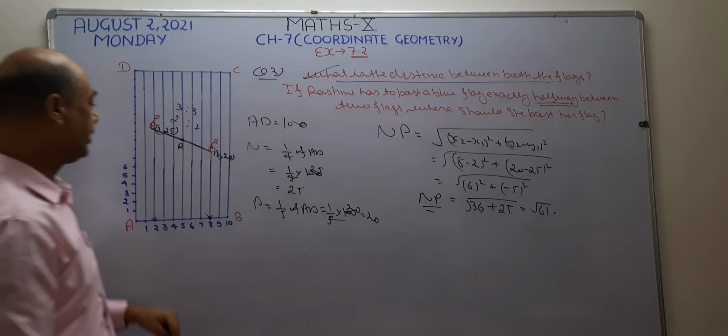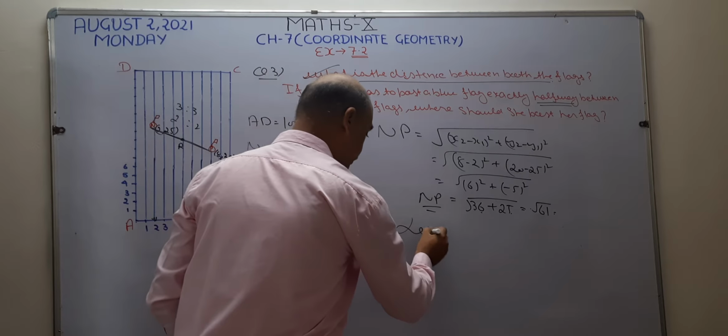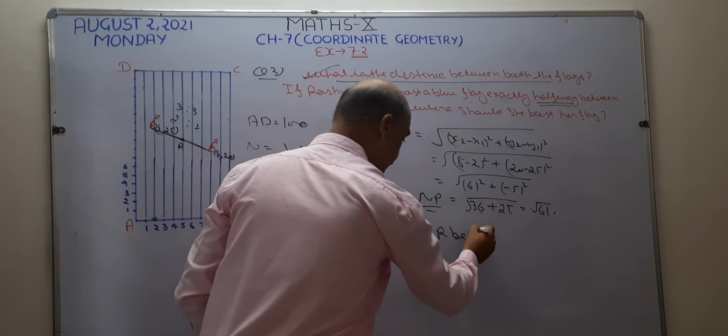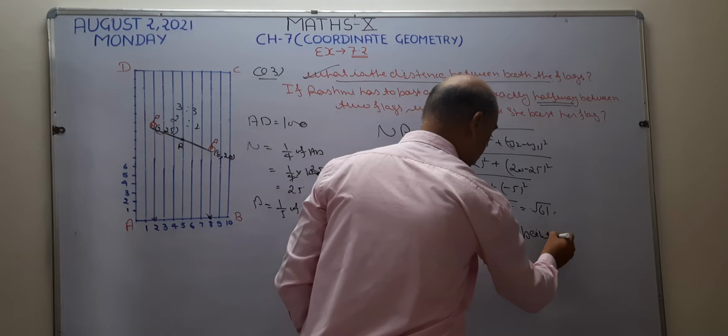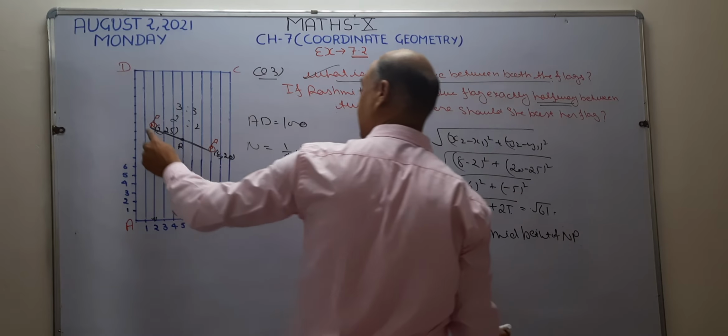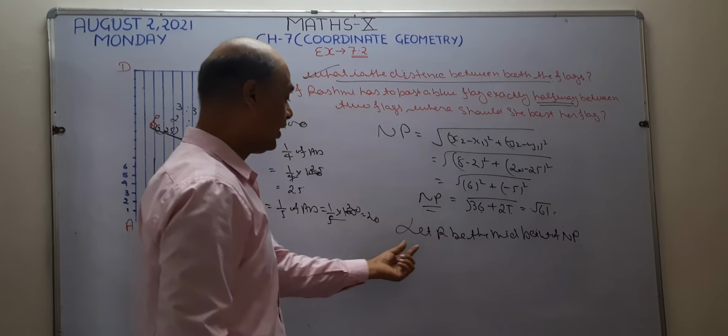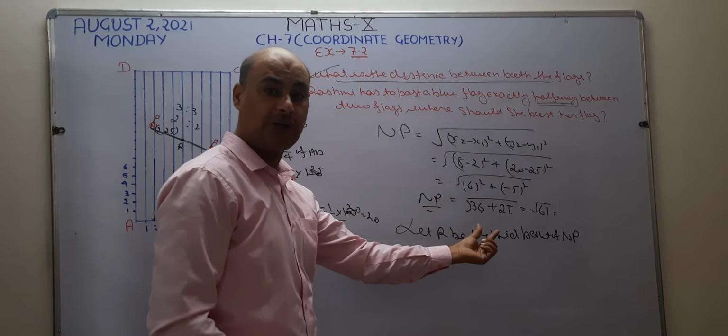Right here, let R be the midpoint of NP. N and P. Now I want to find the coordinates of R by which formula? Using the midpoint formula.